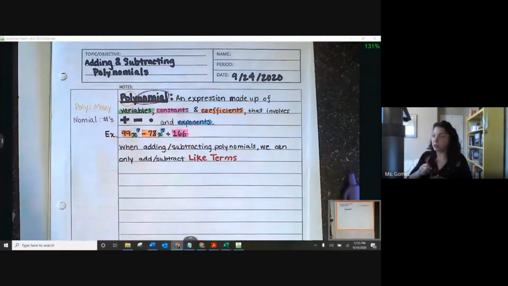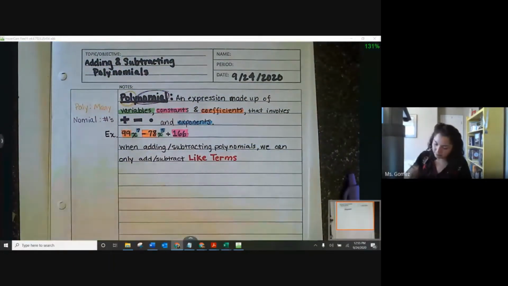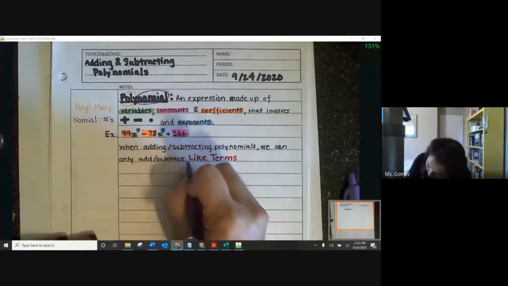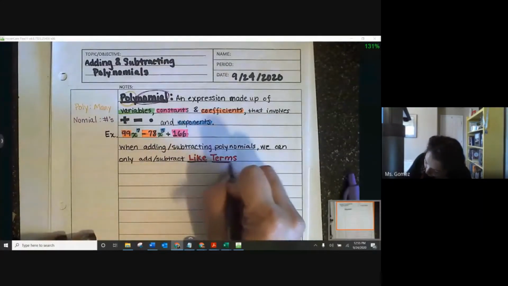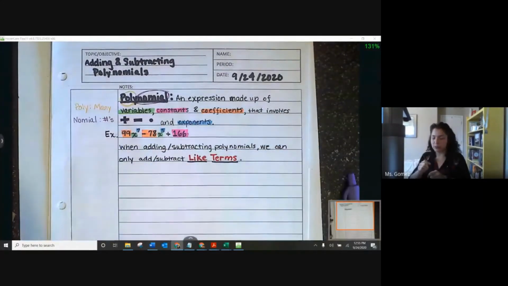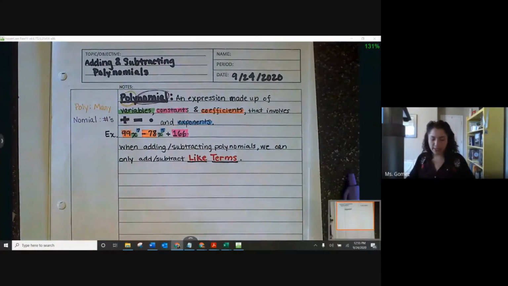All right, that's what goes in those two blanks there. We can only add or subtract like terms. And so we're going to go ahead and give this a shot.